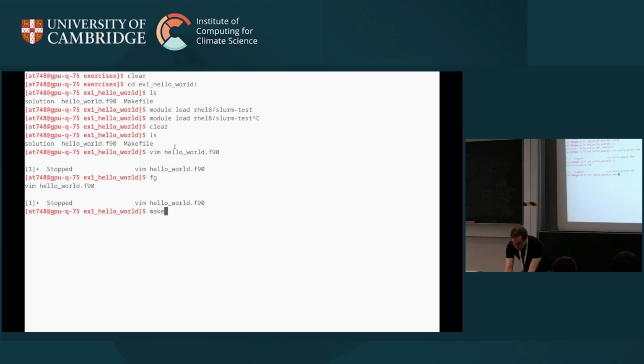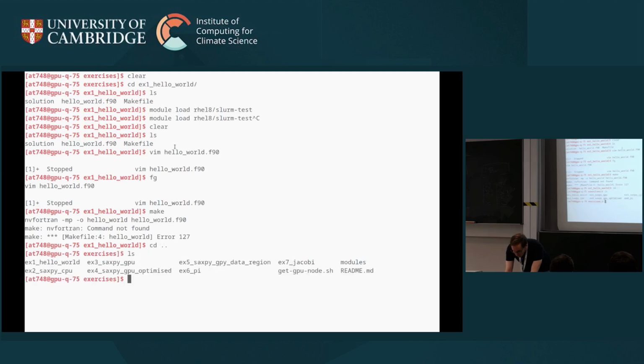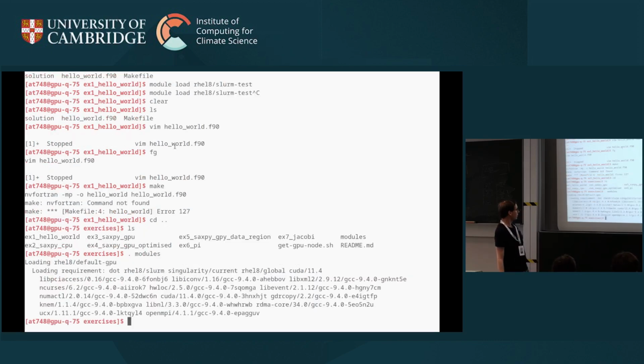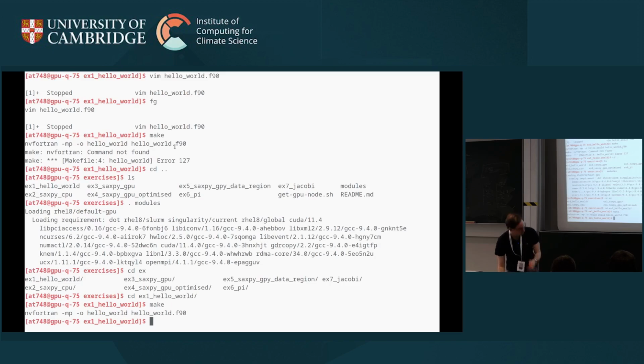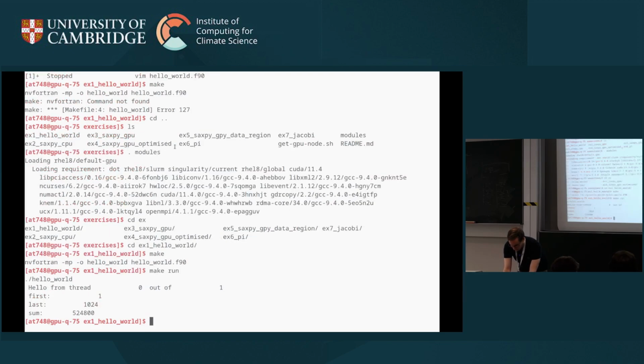To run it, we run make, oh, I forget, of course I forget a step. We run source modules to get our modules in our system. So make to compile the code with OpenMP. So this is CPU only.